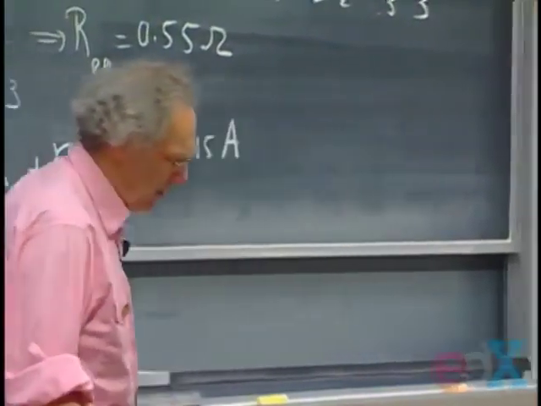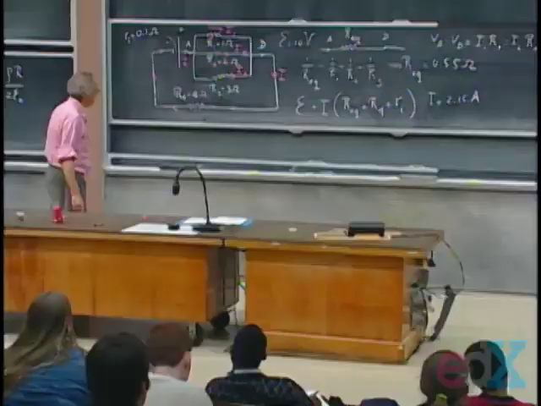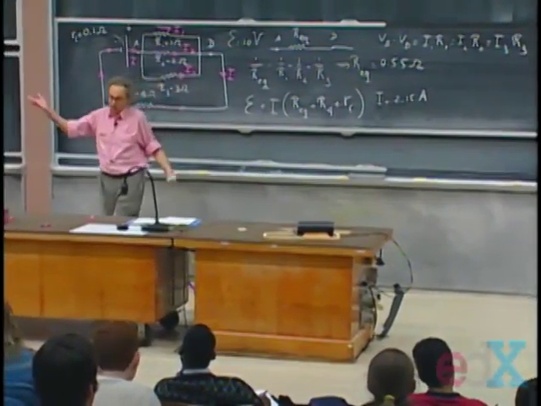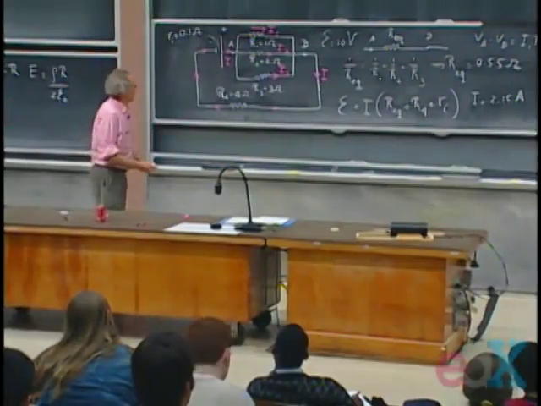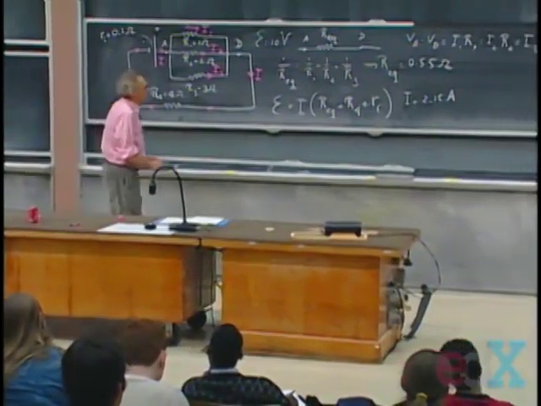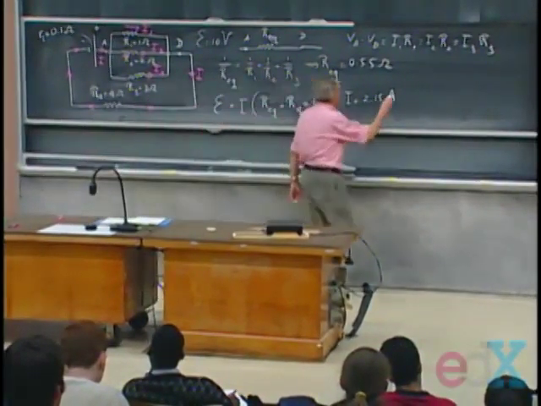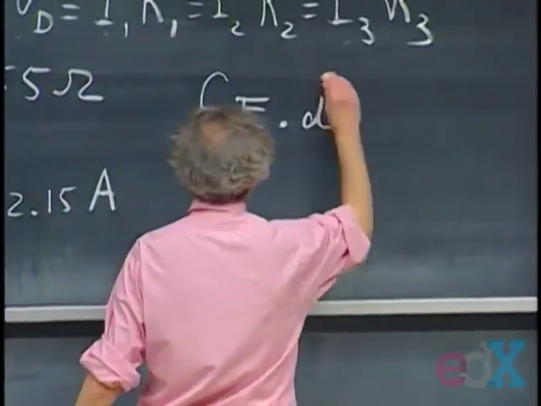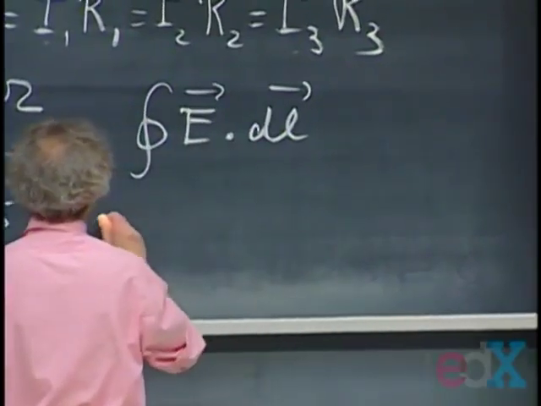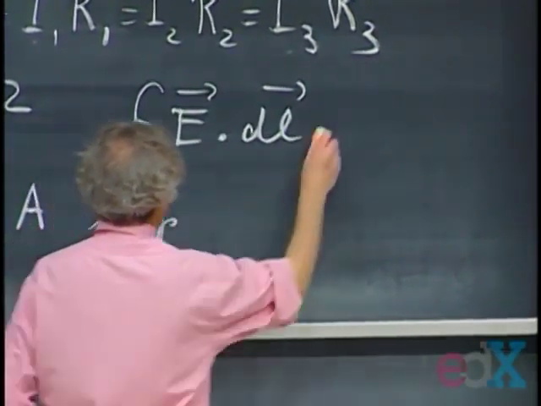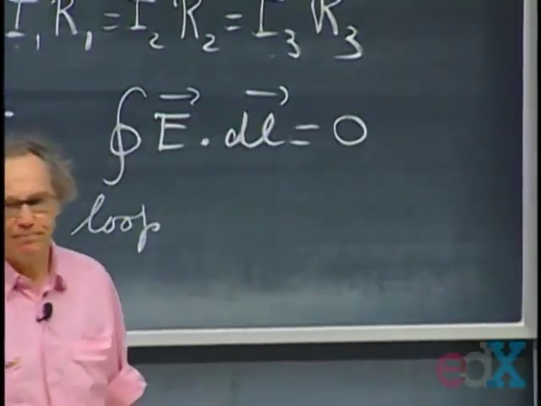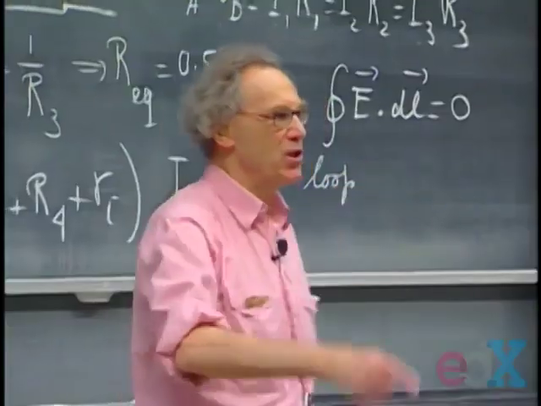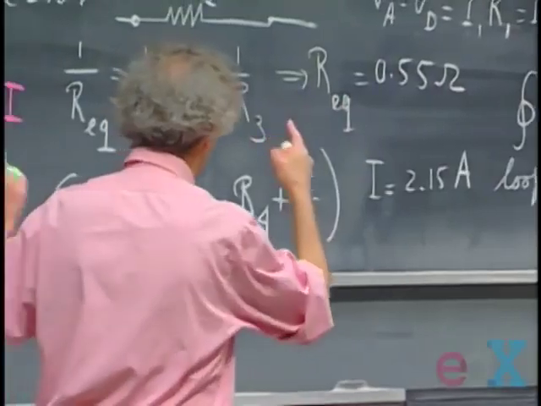And now I'm going to apply Kirchhoff's first rule in order to find I2. I could have found I1, I just decided on I2. And Kirchhoff's first rule says that the closed loop integral of E dot dl, this now is a closed loop, is 0. In the future, you will see situations that it's not 0. Here, it's 0.